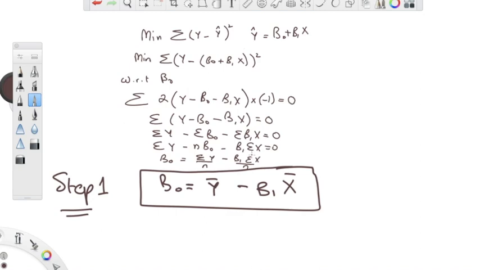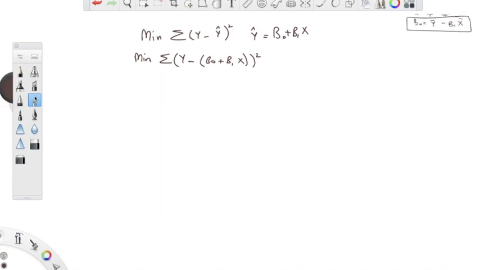So let's start by coming back to this expression once again. Let me remove the rest of the things from here. Just like we differentiated for beta naught, now we have to differentiate with respect to beta 1.